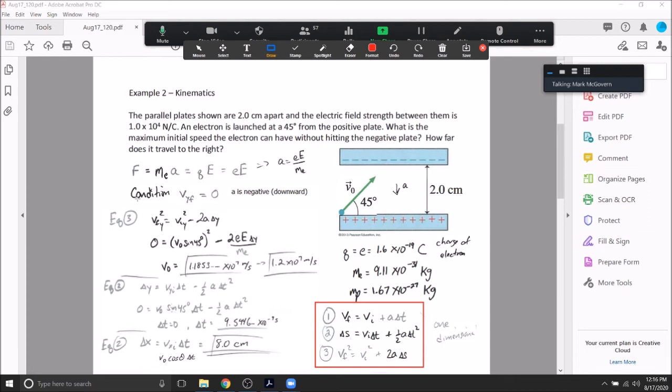So I'm going to use equation 3, which is what you see right here. Final velocity is 0. The initial velocity is v sine 45, because this v is the launch speed. So you want the vertical component of that speed, because you're doing everything in y, remember?